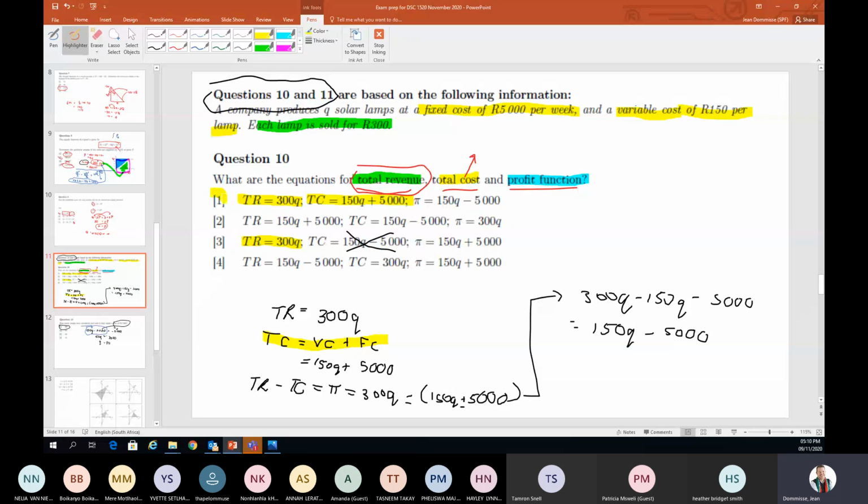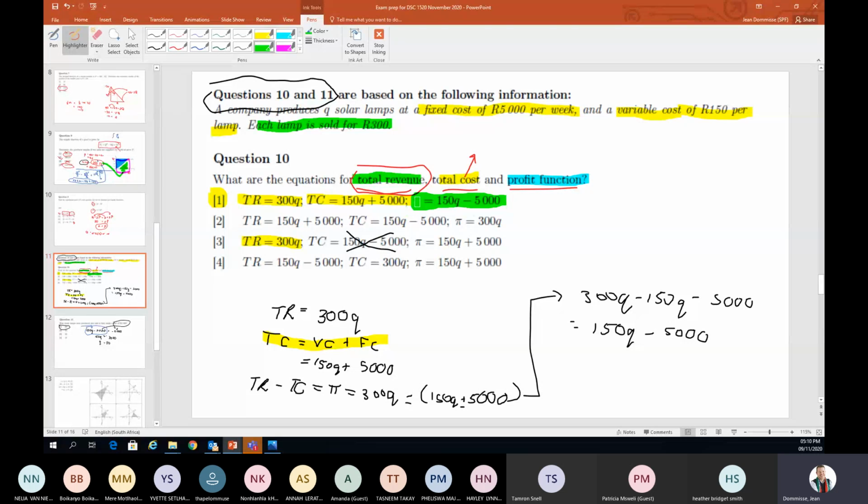And if that is right, that must be my profit function. So in a sense, you could have used the Scully method here already, to say, well, I've worked out that one, that must be it. So it must be option 1.